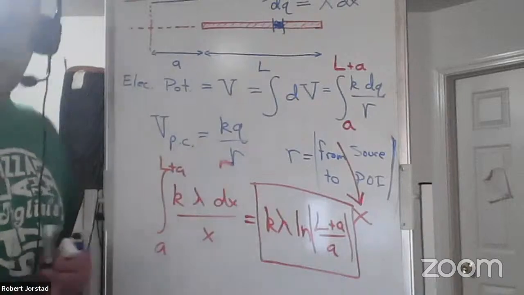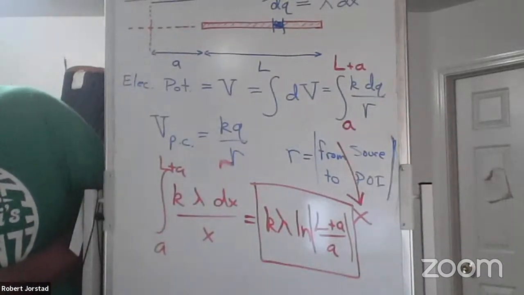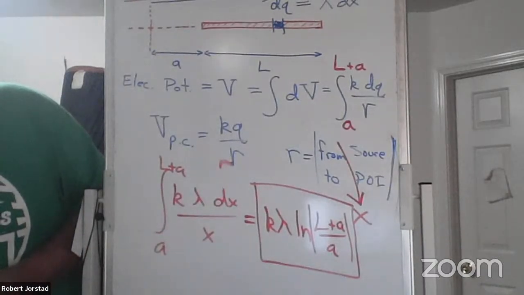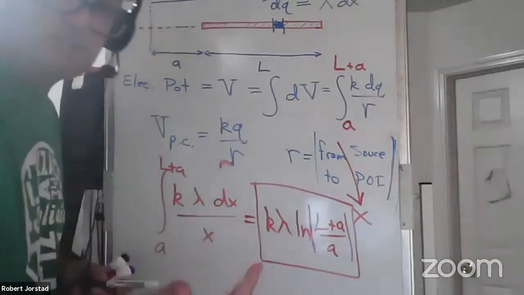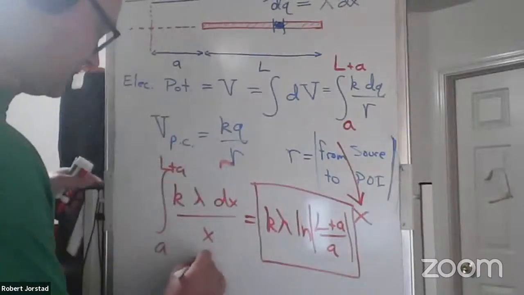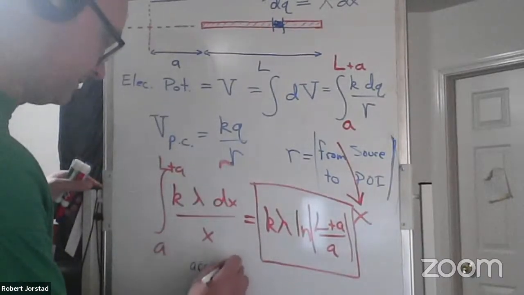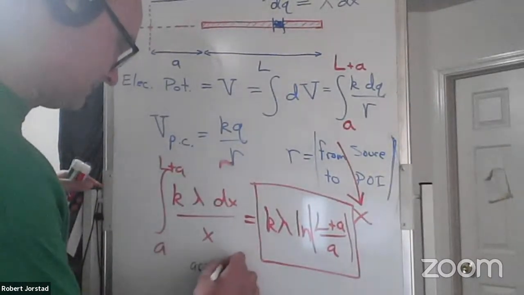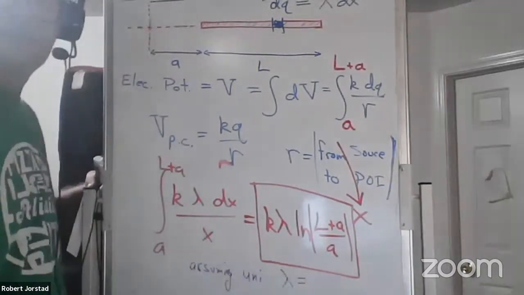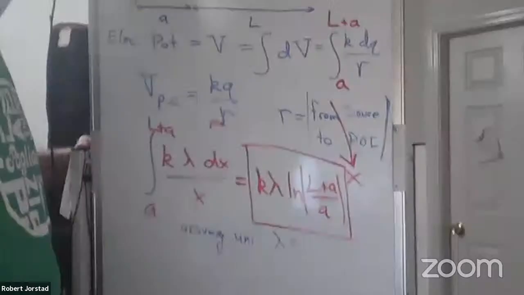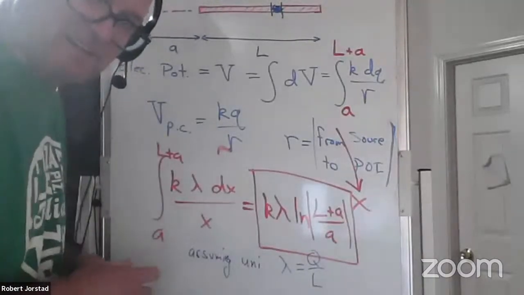Looking at the problem statement, I don't see anything implying it's non-uniform. So assuming uniform, lambda is just Q over L, just like we did in lab. Piece of cake, right? Isn't that so much easier than the electric field?